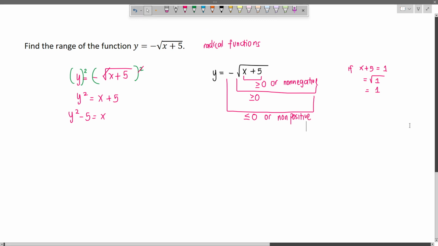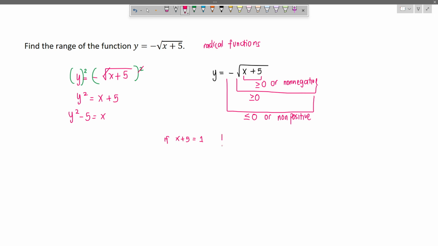Okay. So again, let's have these different scenarios. Let's first have x plus 5 is equal to 1. Let's also have x plus 5 is equal to 0, the minimum, right? And then x plus 5 equals 100, for example.